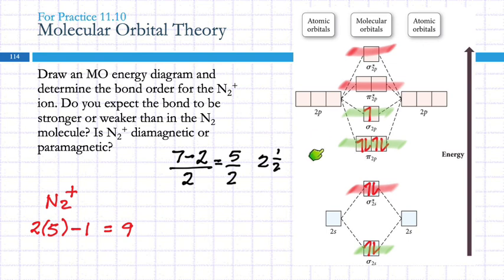Where is that 1 electron going to go? It's going to go in here. Is that a bonding or an antibonding orbital? It's a bonding orbital. That's going to make the bond stronger. So N2's bond is going to be stronger than N2 plus. Do we expect the bond for N2 plus to be stronger or weaker? Well, we expect it to be weaker than N2.